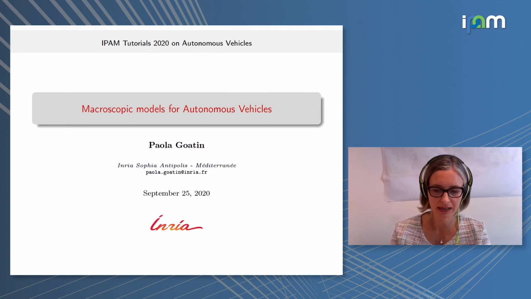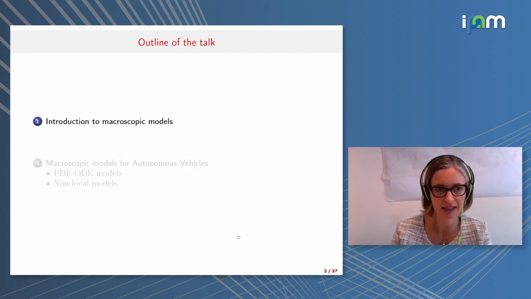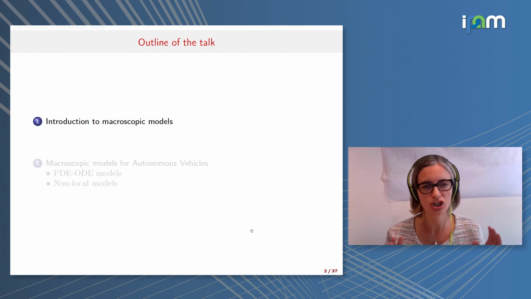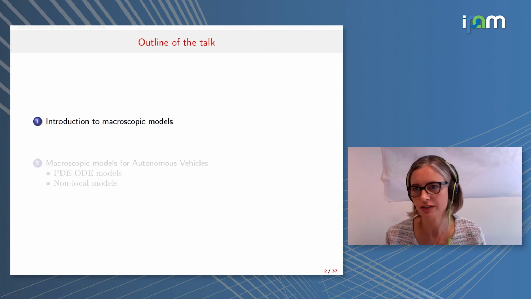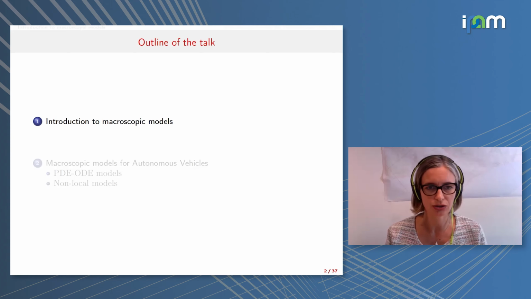What I plan today is to give a brief introduction to macroscopic models, to at least set the notation, which probably changes with every speaker, and to introduce the main tools that are needed for the following.